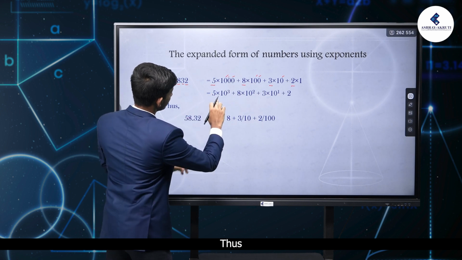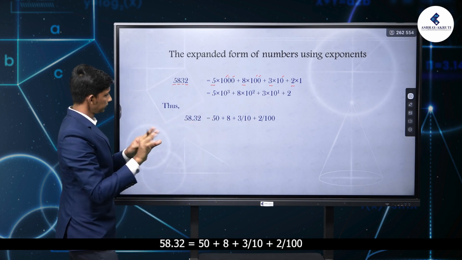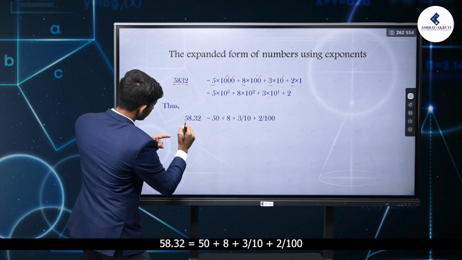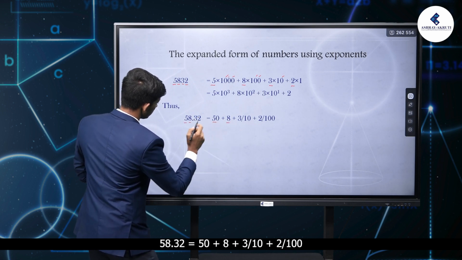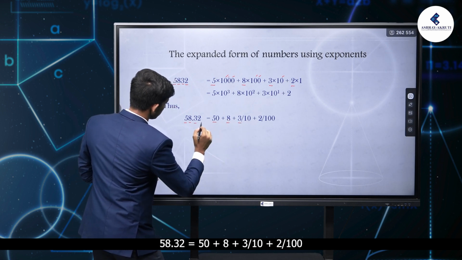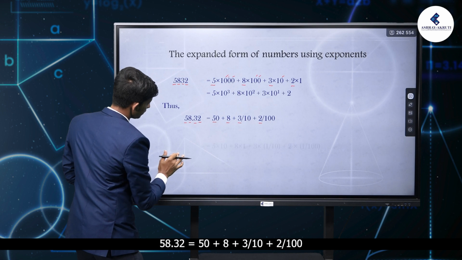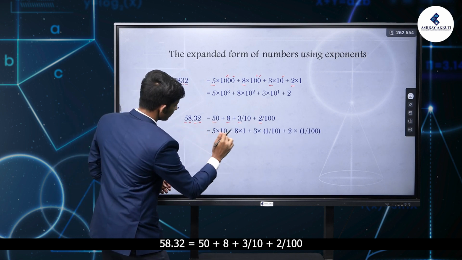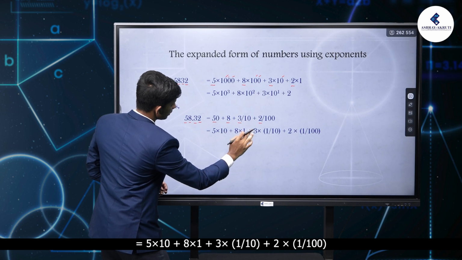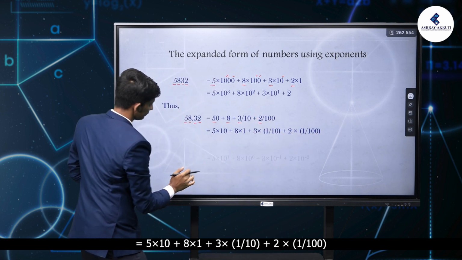Thus, 58.32 is equal to 50 plus 8 plus 3 by 10 plus 2 by 100, which is 5 into 10 plus 8 into 1 plus 3 into 1 by 10 plus 2 into 1 by 100.